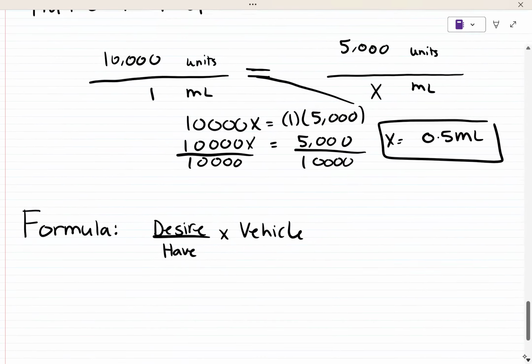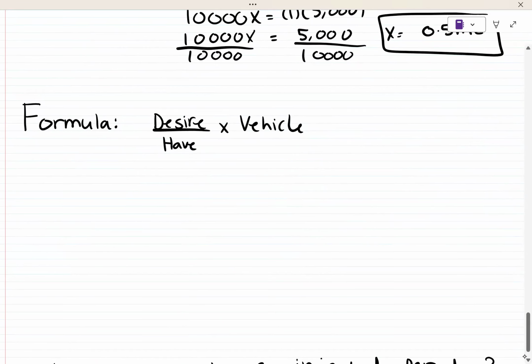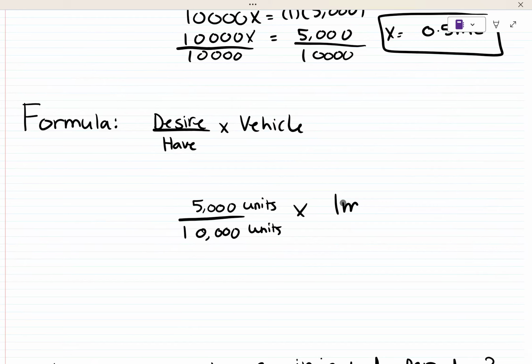Okay, let's solve this using the formula method. So it's desire over have times vehicle. You always want to make sure desire and have are in the same units. Yes, they are. They're all in units. Our desire was 5,000 units, and our have was 10,000, times the vehicle, which is 1 milliliter.